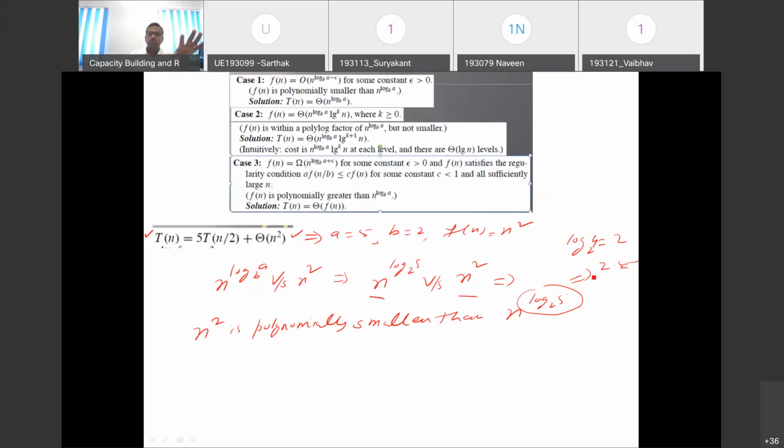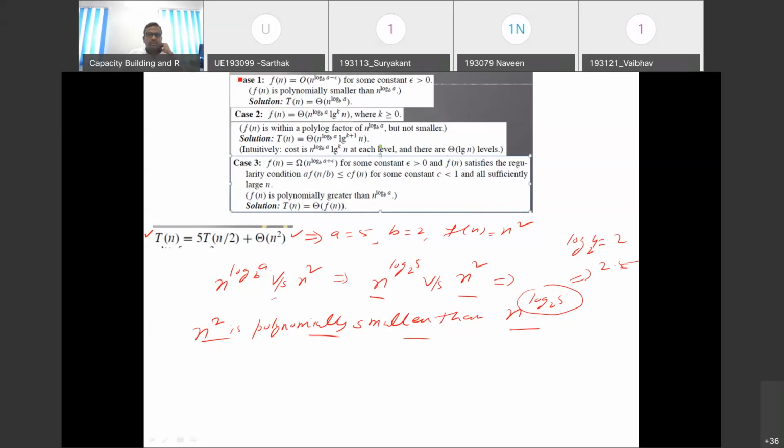So n raised to the power log 5 base 2 is greater than n square. So we can say that n square is polynomially smaller than n raised to the power log a base b, or log 5 base 2.